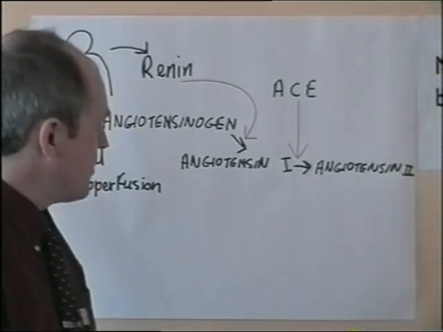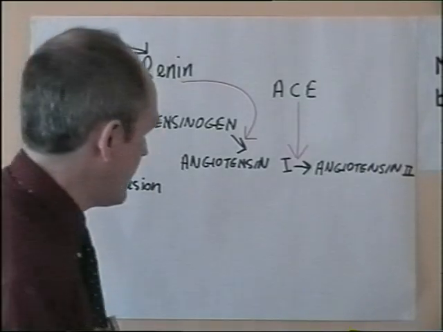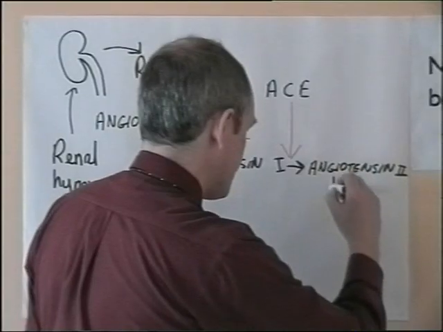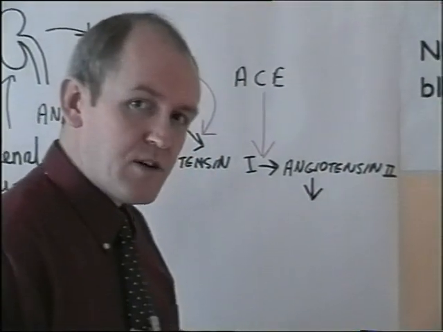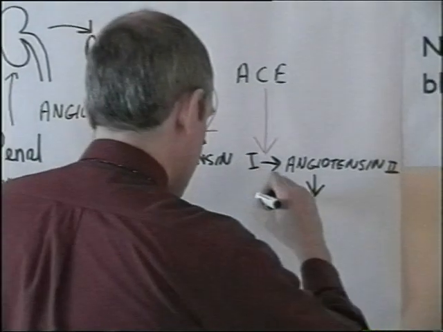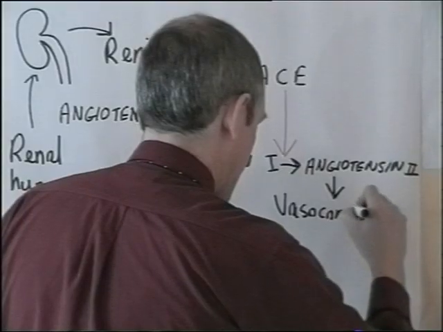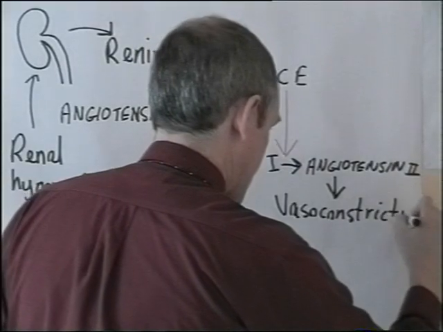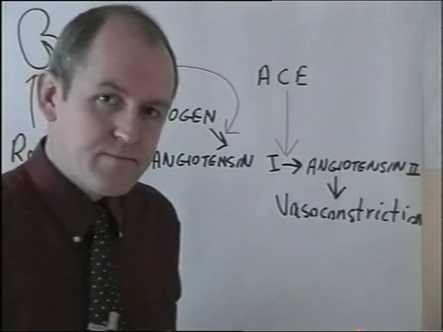Now, what does angiotensin type 2 do? Well, the first thing it does is it causes arterial vasoconstriction. Arterial vasoconstriction.